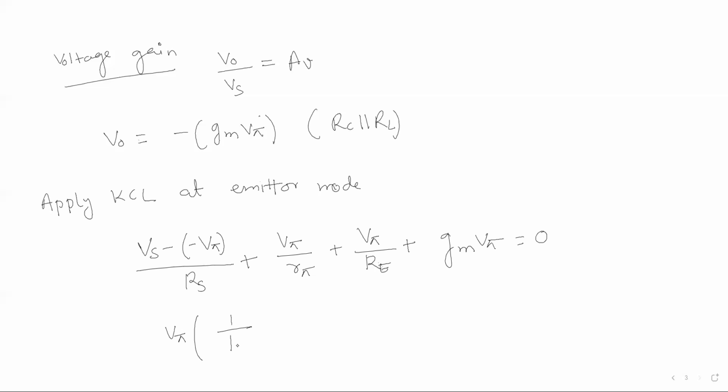V pi times (1 by Rs, plus 1 by R pi, plus 1 by Re, plus gm) is equal to minus of Vs upon Rs.